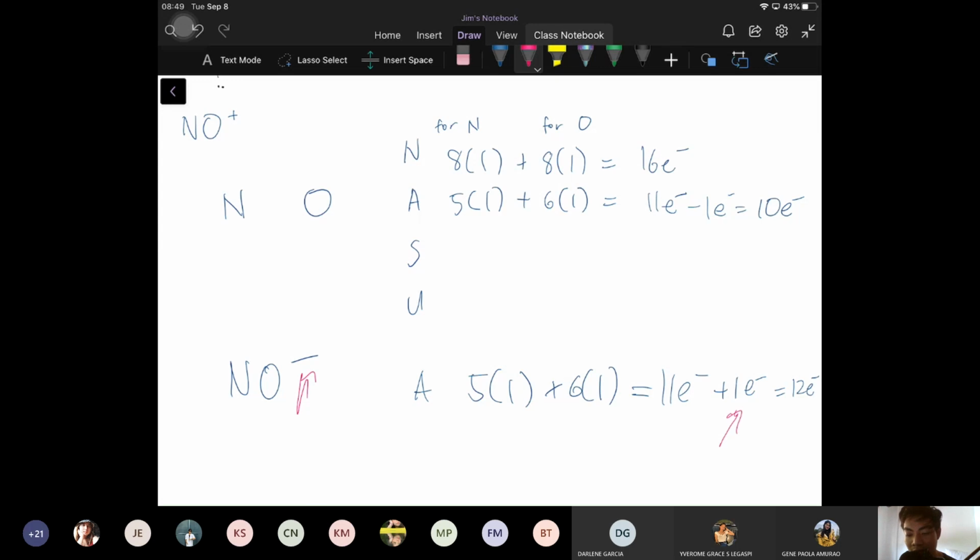That's why you have to add electrons. Don't confuse na lang with the signs. Basta isipin nyo kapag negative, may sobrang electron. So, plus electron yon. Okay? Mamaya may examples pa naman tayo.